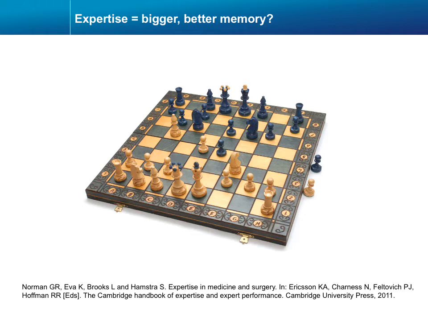Now, the reason there's a chessboard on this slide is because quite a well-known experiment, again in the 70s, took chess grandmasters and novices and showed them chessboards with around 25 pieces on them, set up as if in the middle of a game. And the participants were shown the boards for only 5 seconds and then asked to recall the positions of as many pieces as possible.